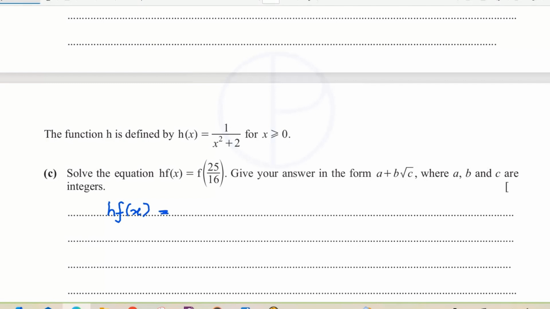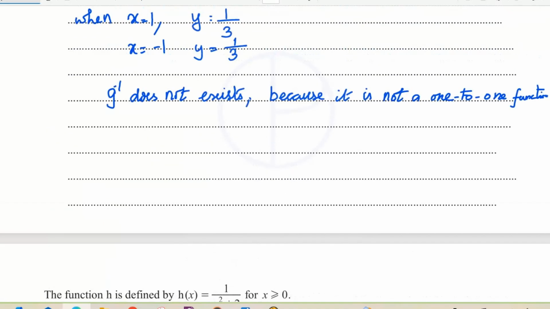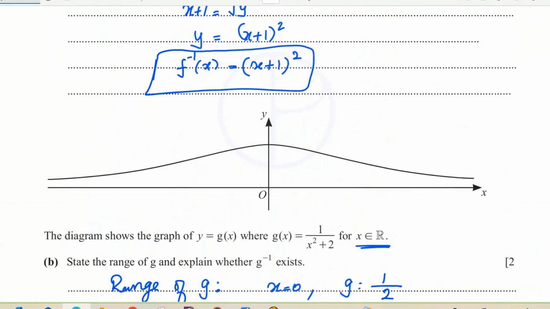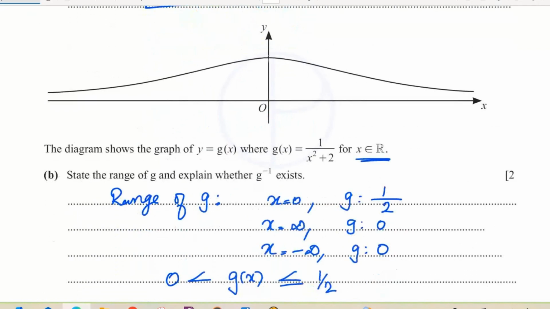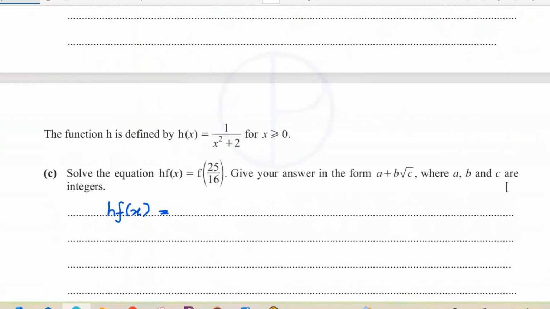Substitute f of x in h. What is f of x? Square root of x minus 1.